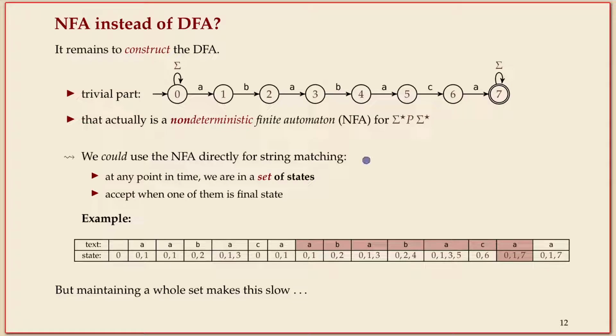We can actually use this automaton for string matching. You have to keep track of all possible histories. But it turns out this is not that hard. It's not as hard as it sounds. Because what is a history in a finite automaton? It forgets everything about the past, except for the state where it currently is.